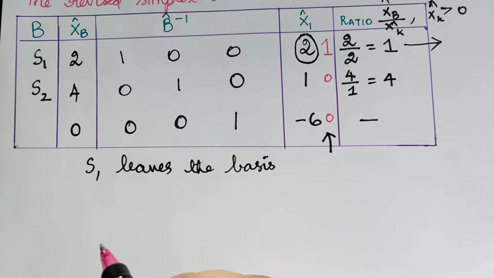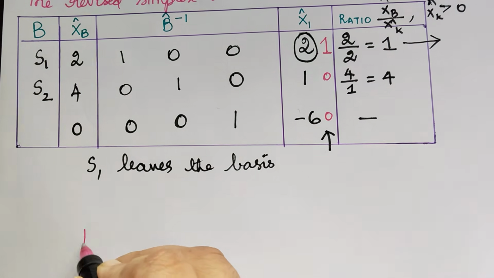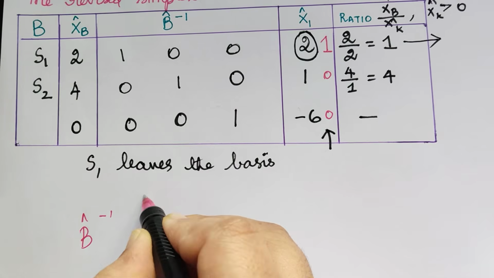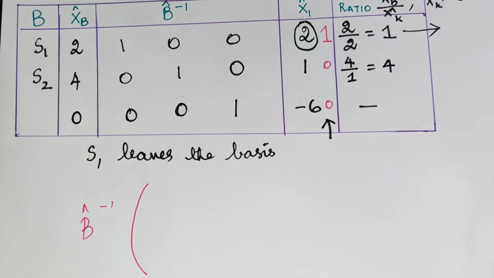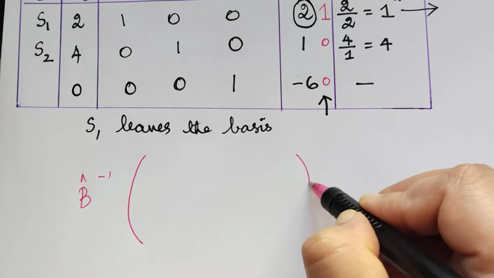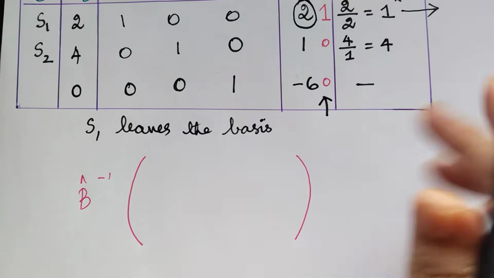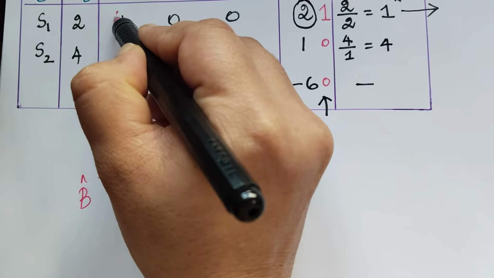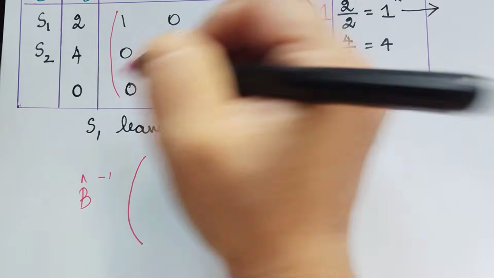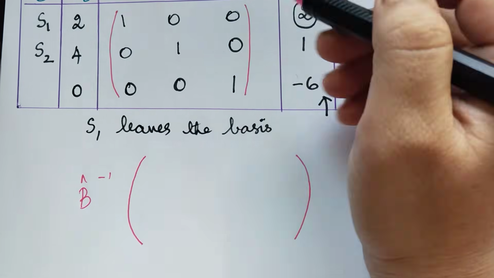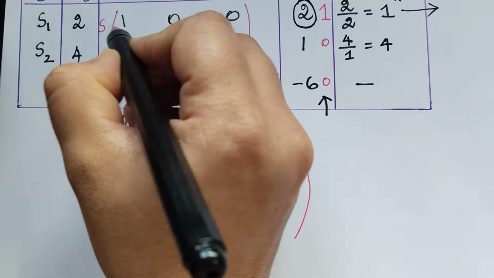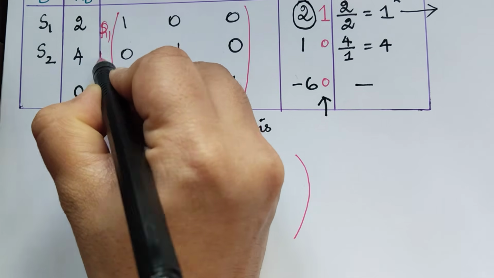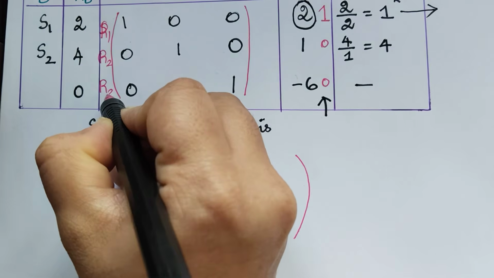So we shall write B cap inverse now. So B cap inverse we have to find. So it will be the new revised matrix. So for that, first we have this old matrix, that is we know that this is the old matrix of B cap inverse. So let us take the first row as row 1, second row as row 2, and the third row as row 3.